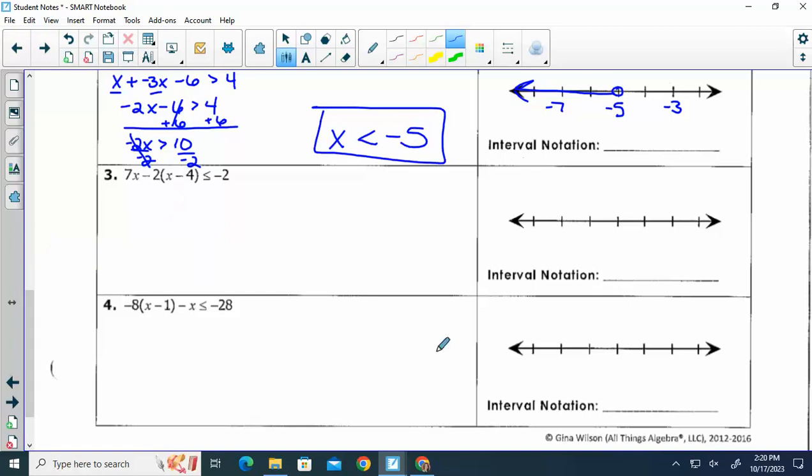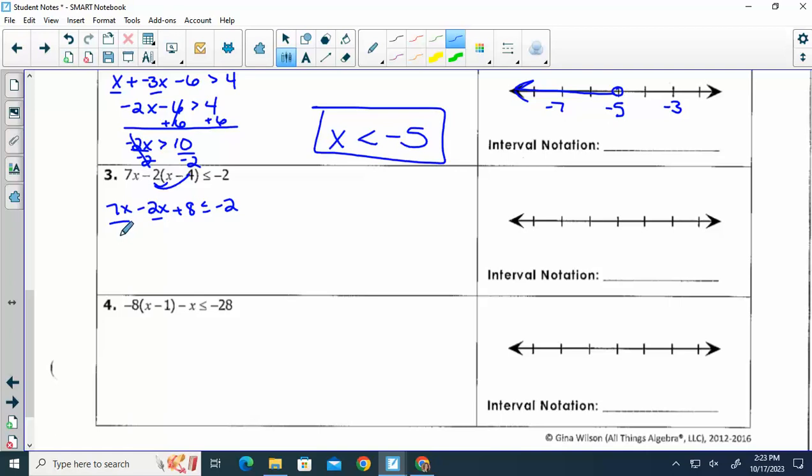Alright, why don't you guys try a couple? When you distribute on this first one, what do you have to distribute? A negative 2. Okay, that minus in front makes it a negative. So you have a 7x minus a 2x, and then negative 2 times negative 4 is positive 8. Because these are on the same side, we just combine them.